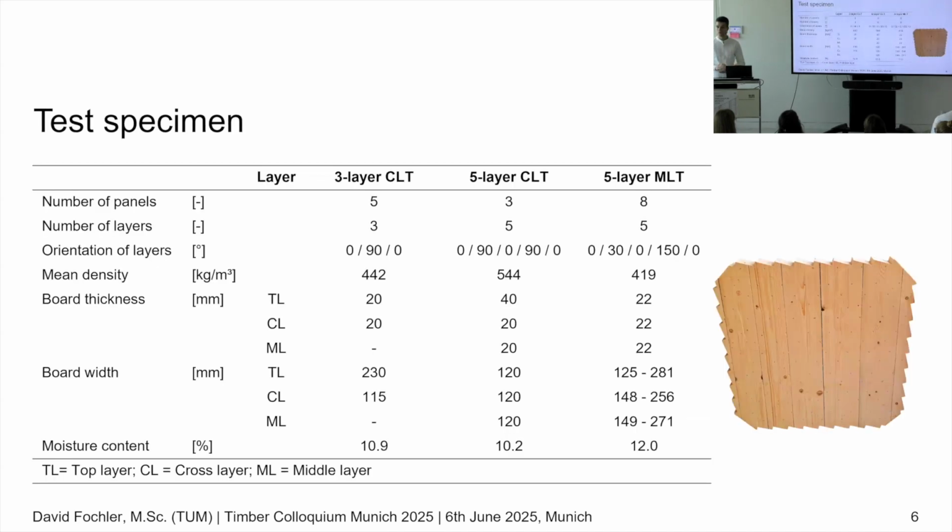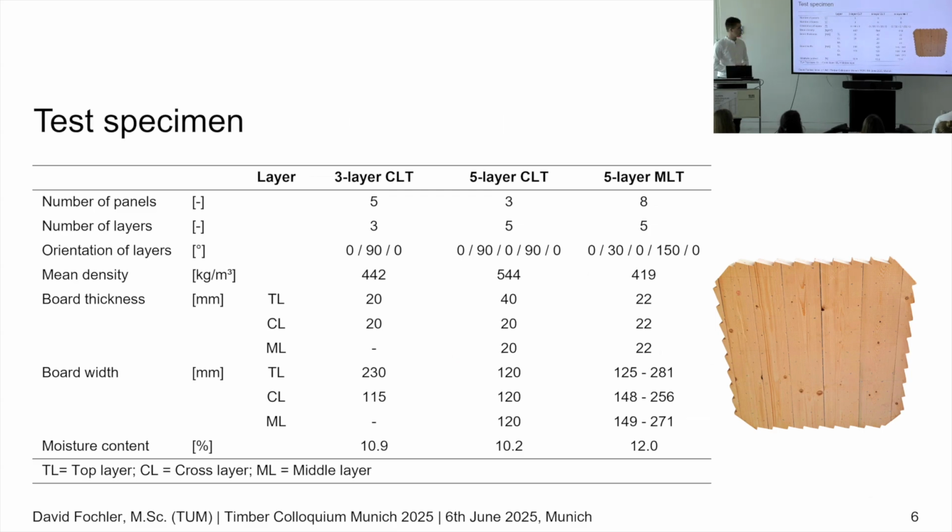So we had to prove our concept by practical testing. And therefore, we used 3 different kinds of specimen. First of all, 5 panels of 3-layer CLT. Then on top of that, we tested 3 panels of 5-layer CLT.